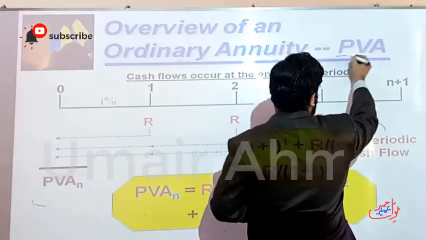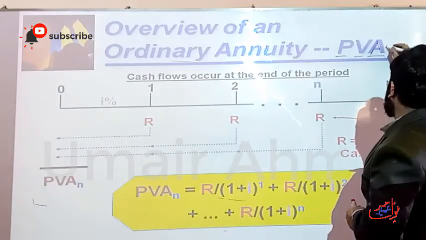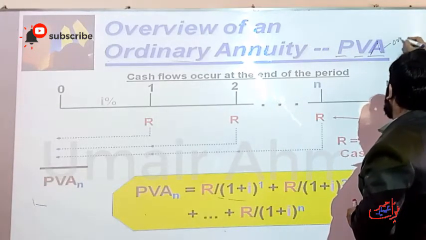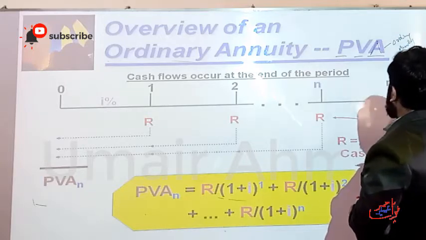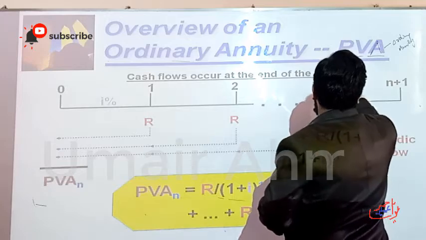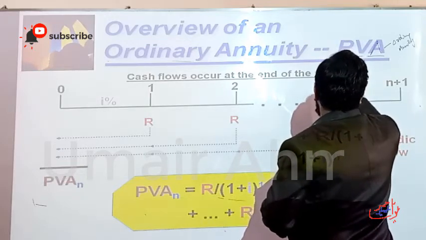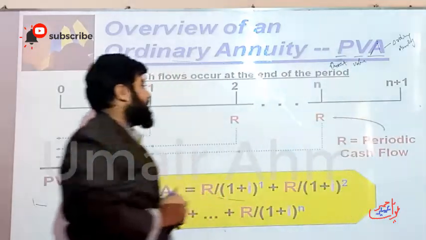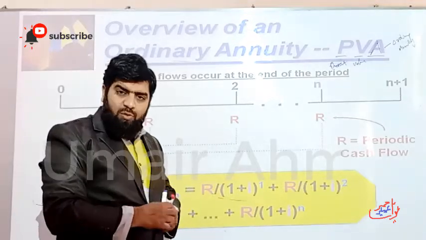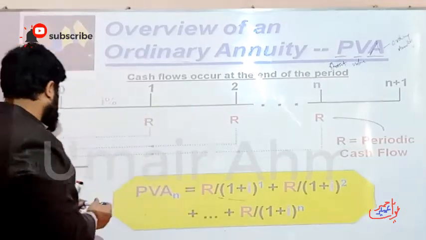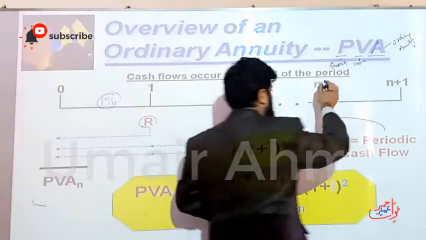We have to discuss the present value of annuity. Okay, present value of annuity, and if there is the symbol A, it means that it is an ordinary annuity. Okay, and it is present value. Now how to calculate the present value of annuity? Let's suppose we have R, we have an interest rate, and we have a number of years.